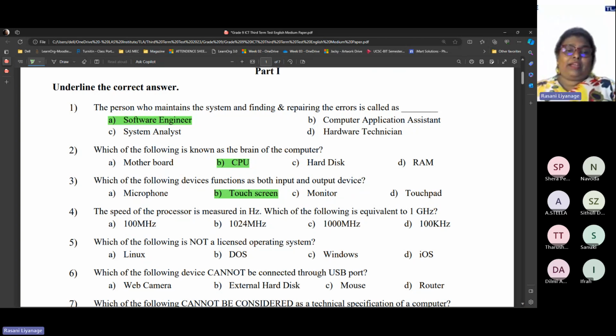Now about the speed. Speed of the processor is measured in hertz. What is gigahertz?